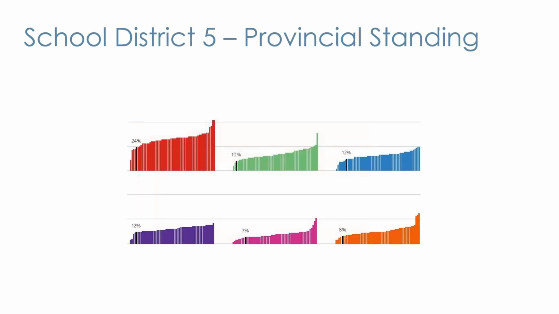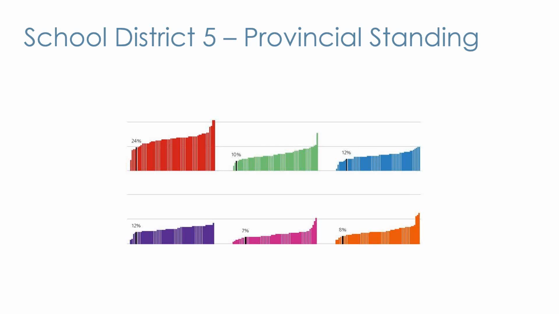I'll show you a couple more district results, and I'll take a bit of a breath. So what you're seeing here is the relationship between the results in School District 5, so again, these are district-wide results, and how they relate to the rest of the province. So hopefully you can see that little black line in each of these graphs, and that just shows you where in the distribution of all of the school district results in the province.